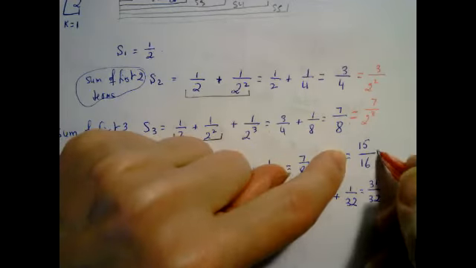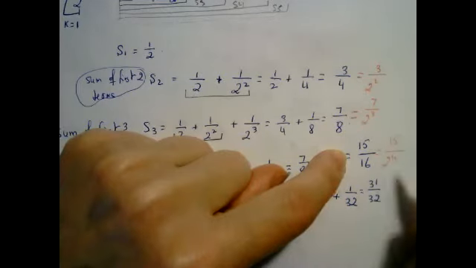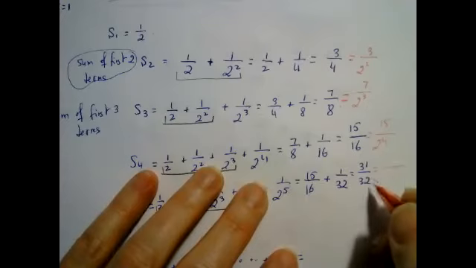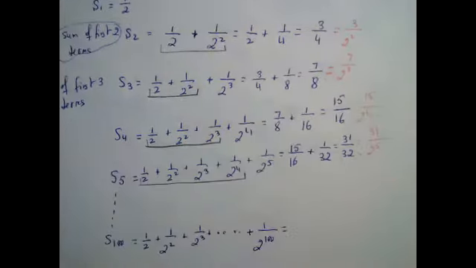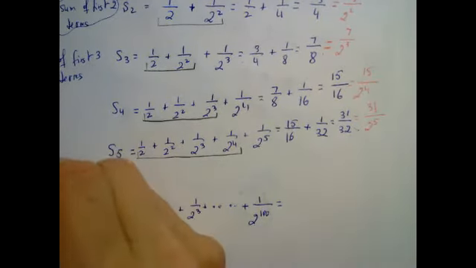This one is 2 to the power 4. I'm keeping the whole picture in front of you so you start building up the pattern. This is 2 to the power 5, and this is 31. Now, who can give me S100, following the pattern? The pattern suggests the following.